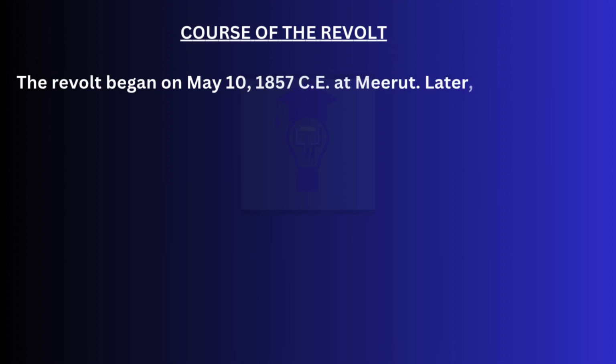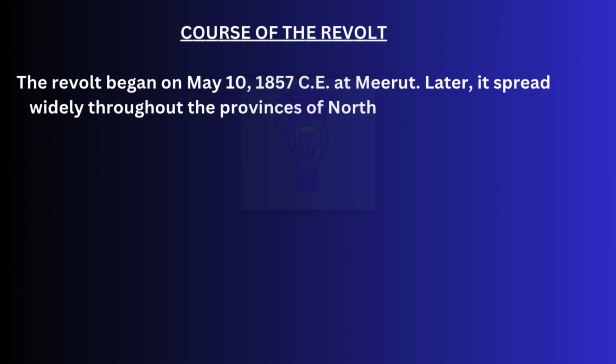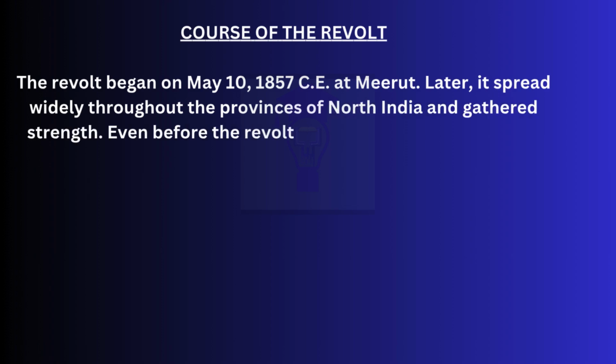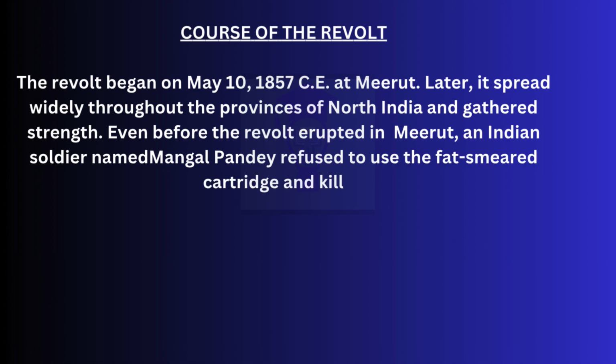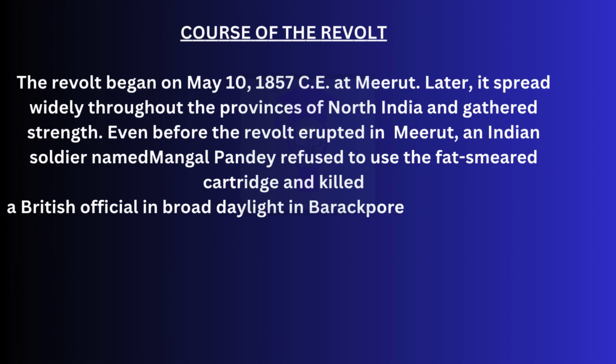Course of the revolt. The revolt began on May 10, 1857 CE at Meerut. Later it spread widely throughout the provinces of North India and gathered strength. Even before the revolt erupted in Meerut, an Indian soldier named Mangal Pandey refused to use the fat-smeared cartridge and killed a British official in broad daylight in Barrackpore.